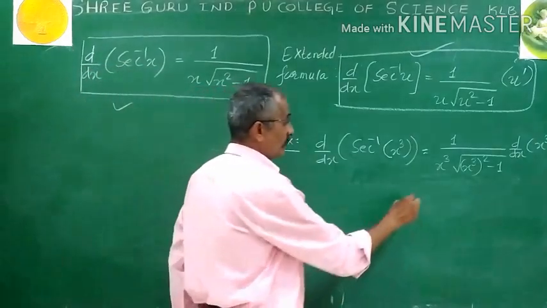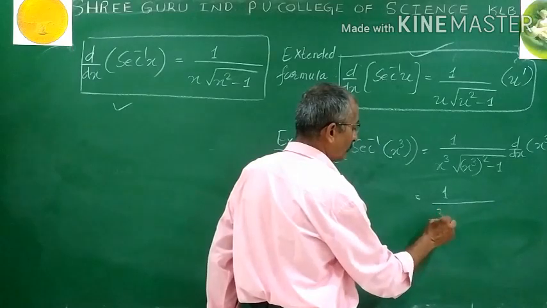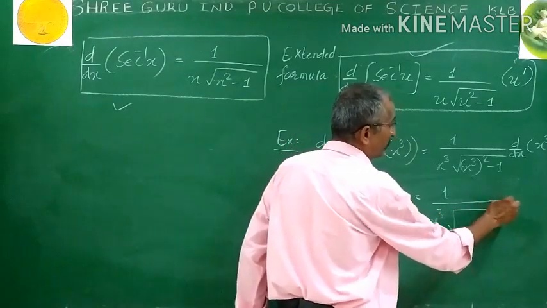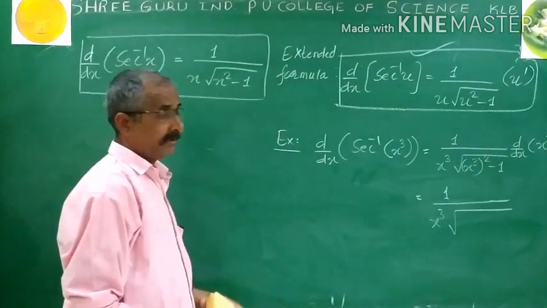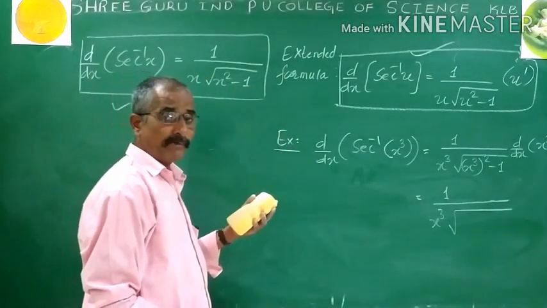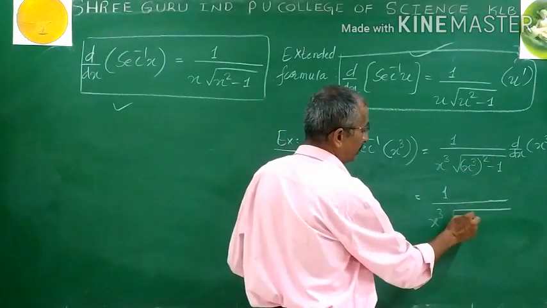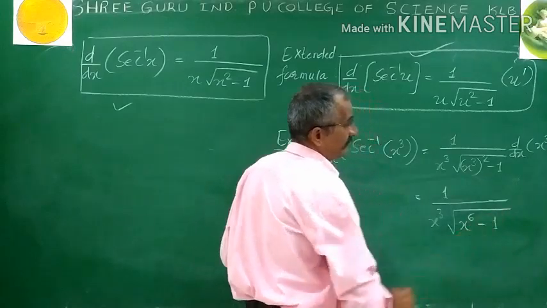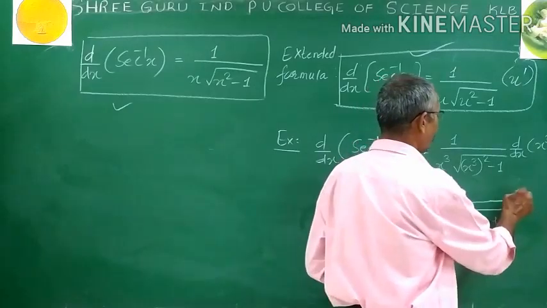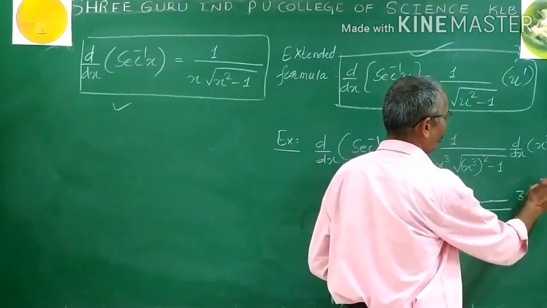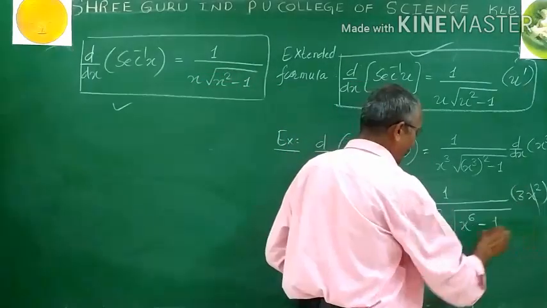Further, 1 divided by x cube into square root of x cube whole square can be written, by laws of indices, a power m whole power n is a power m into n. So 3 into 2 becomes 6. x power 6 minus 1, multiplied by the differentiation of x cube, already noted as 3x square. And in the running case, x square gets cancelled.